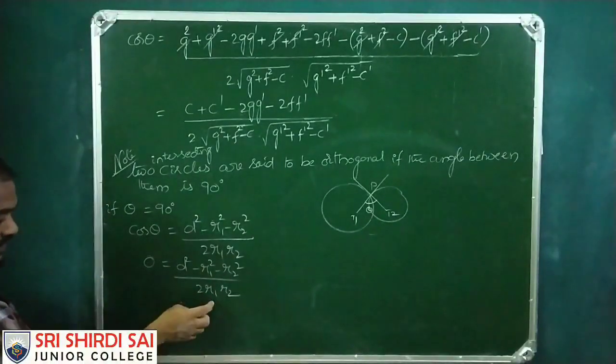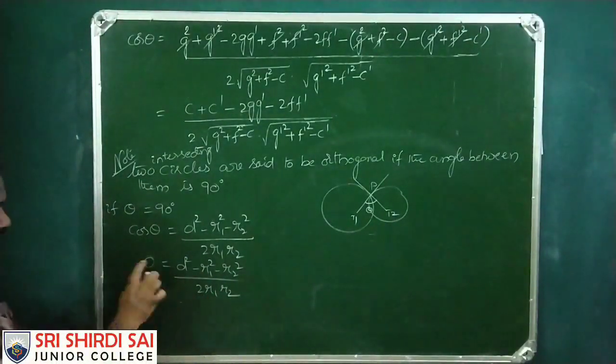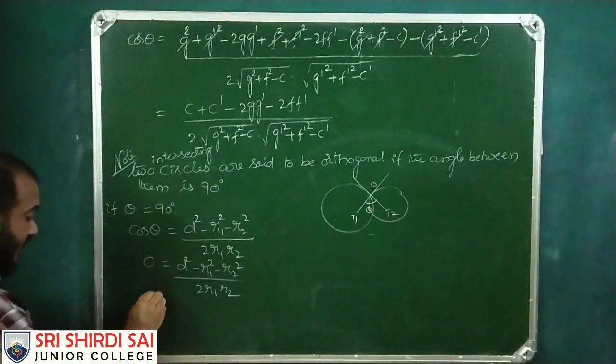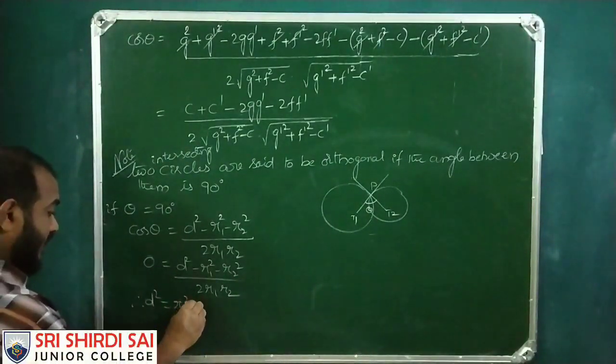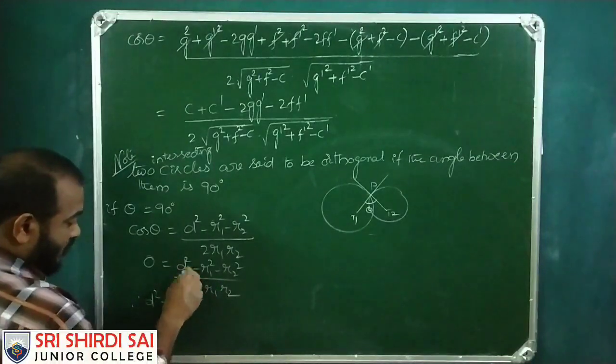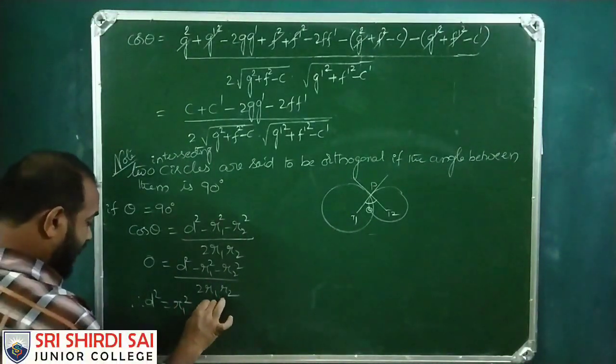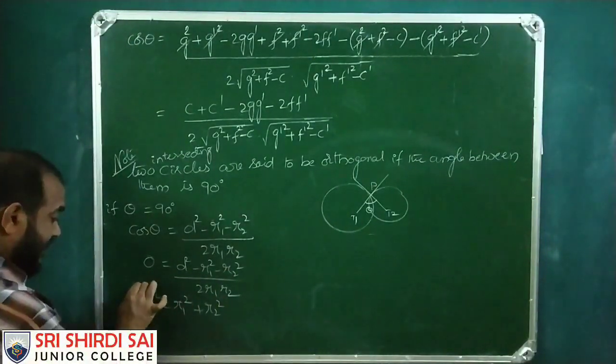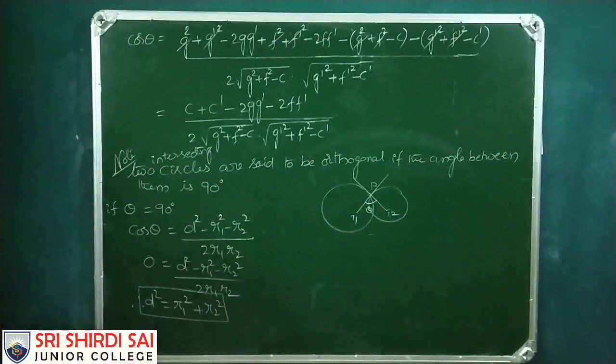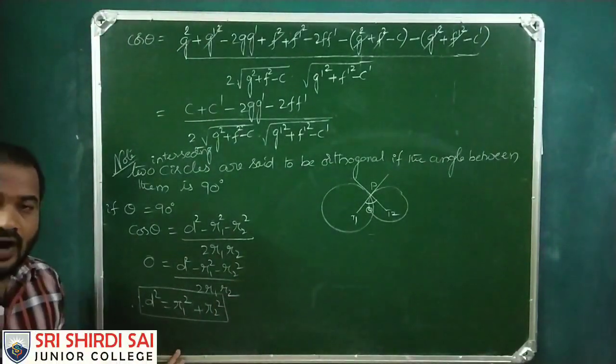If we cross multiply, then D square is equal to R1 square plus R2 square. So this is the condition for the two circles to be orthogonal.